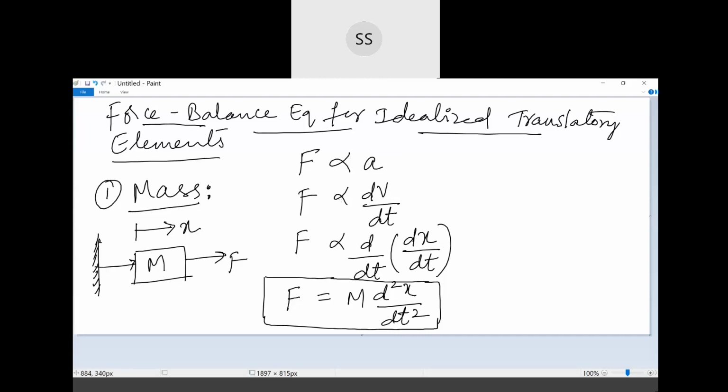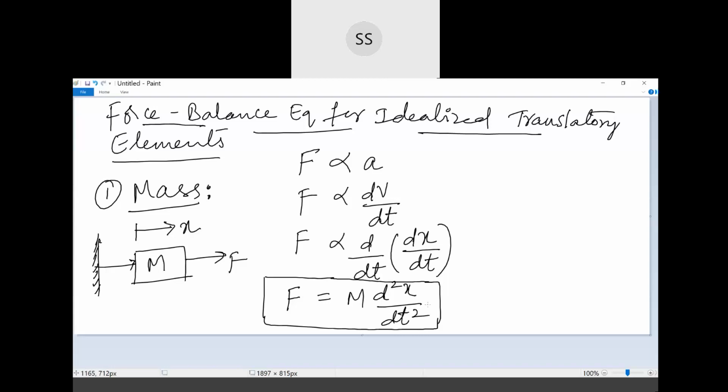Acceleration is the rate of change of velocity v, and v is again the rate of change of displacement. Substituting for v, we get f proportional to d square x by dt square, or f equal to m into d square x by dt square.